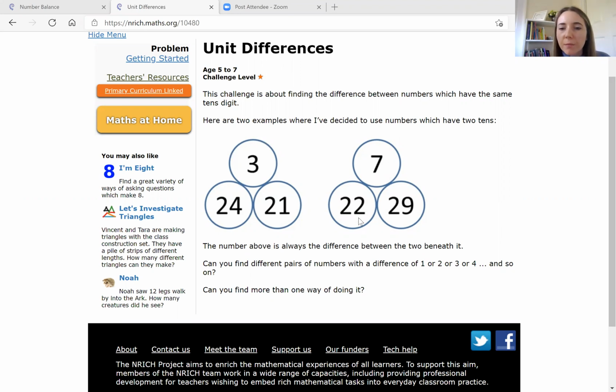The numbers at the bottom always have the same tens digits. And the statement that you've got to investigate is that you can only do it for the numbers 1 to 9. You can't do it for the number 10. So the circle at the top will never be able to be number 10 if the tens digits are the same. Is that always true, sometimes true, or never true? You've got to come up with your testing criteria, investigate, and then write a conclusion, try and explain why.